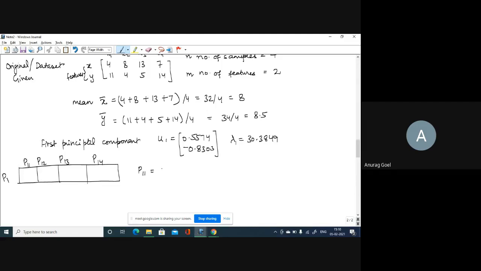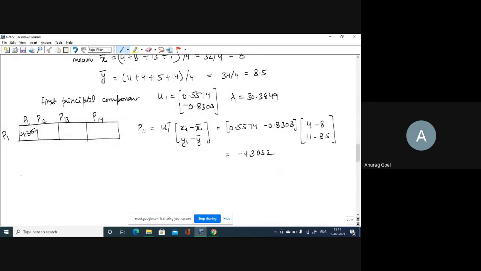We take the first eigenvector transpose, 0.5574 and minus 0.8303, times (xi minus x bar) and (yi minus y bar). Here x is 4, so 4 minus the mean 8, and 11 minus 8. This results in minus 4.3052.